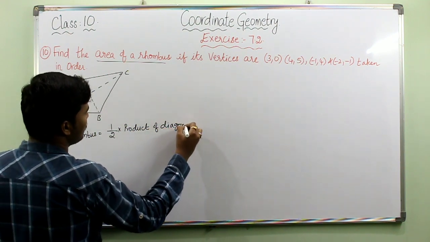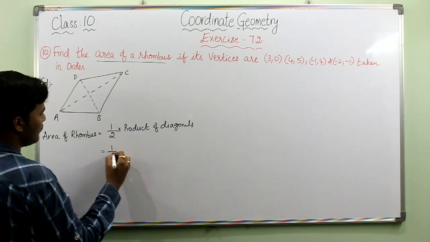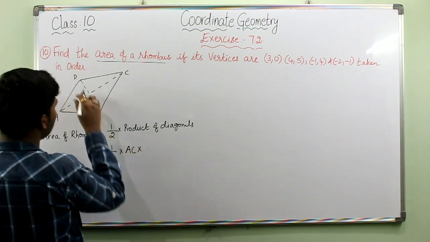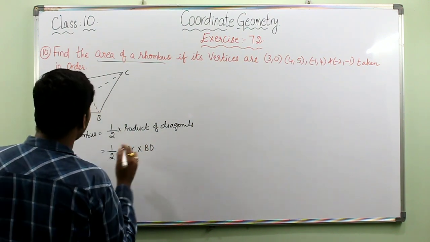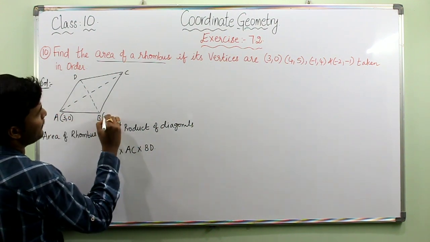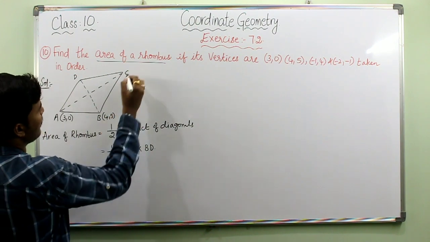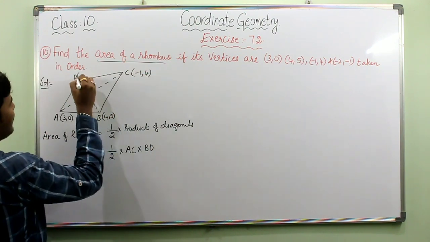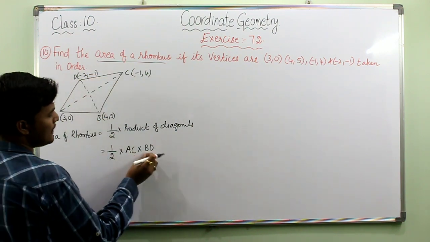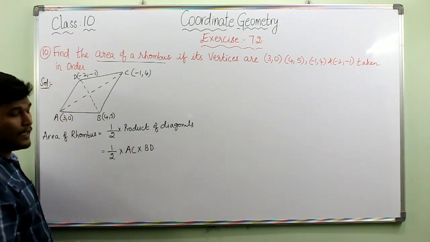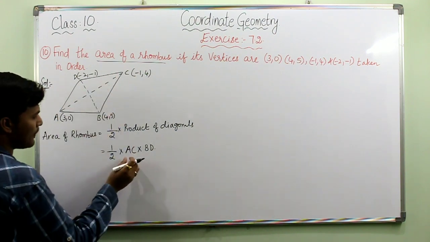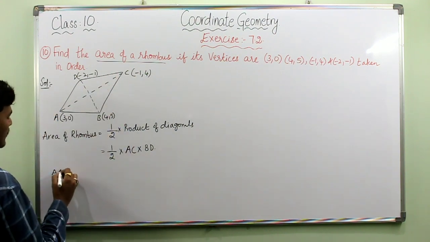So that means half into the diagonals, one is AC and the other one is BD. The vertices are A is 3 comma 0, B is 4 comma 5, C is minus 1 comma 4 and D is minus 2 comma 1. Here you have AC and BD, which are nothing but the distances from this point to this point and this point to this point. So we have to find AC using the distance formula.